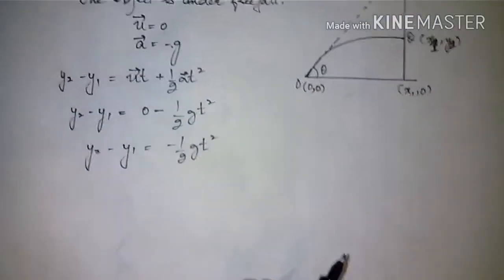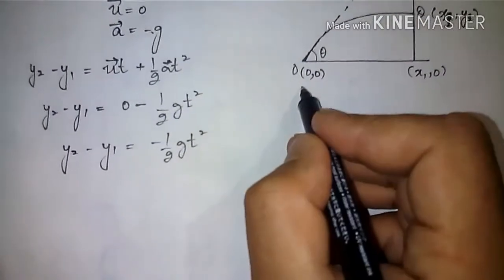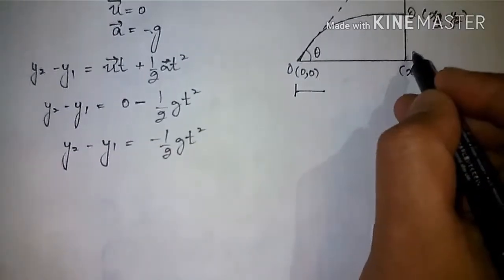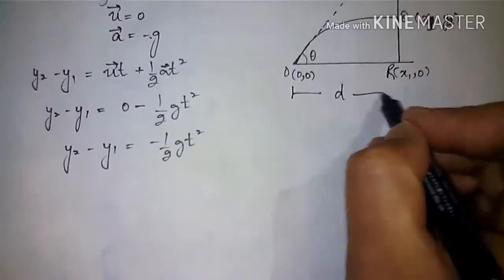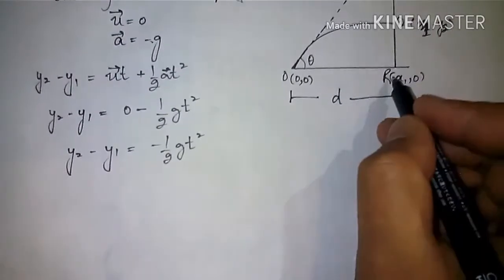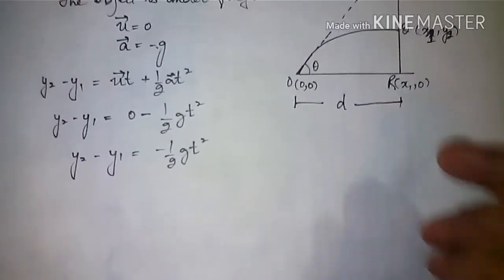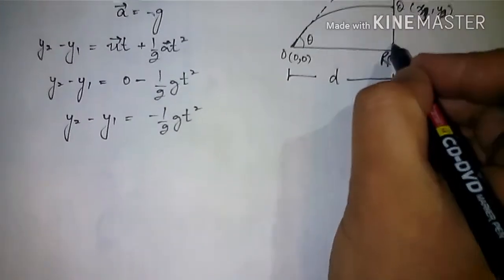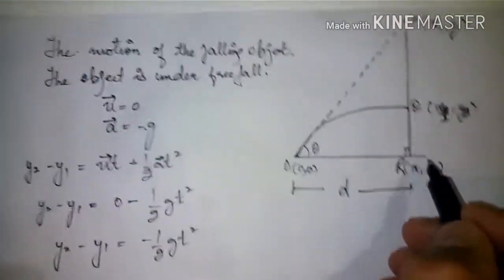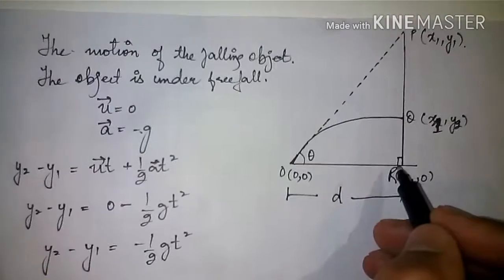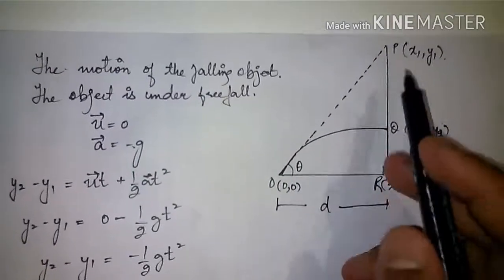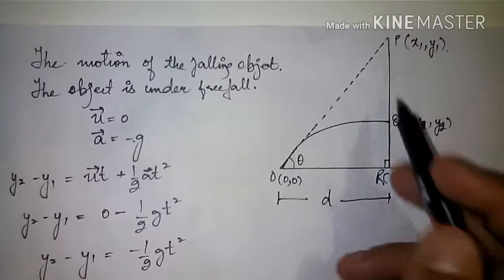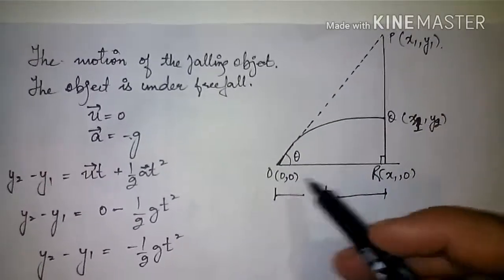Now let me call the distance from O to R, d. From O to R, let the distance be d. Now as you can see from the figure, this becomes a right angle triangle at R, and here is the theta, so the perpendicular becomes PR, and the base is OR.